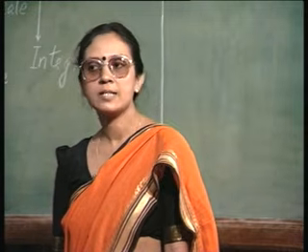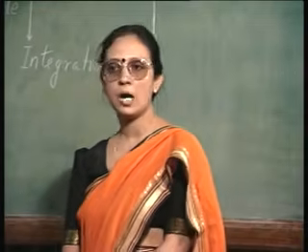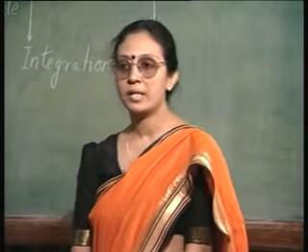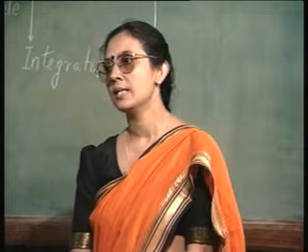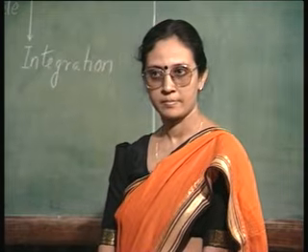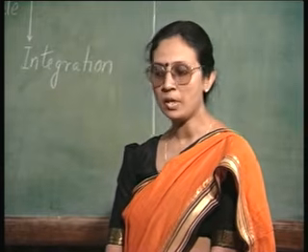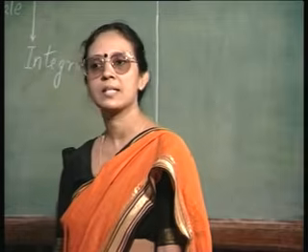Now, VLSI technology, that means we are going to discuss how this very large scale, very complex integrated circuit is made. What are the processes that go into making this very large scale integrated circuit?